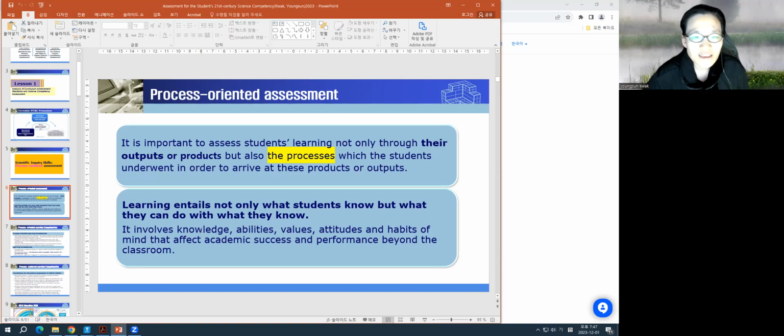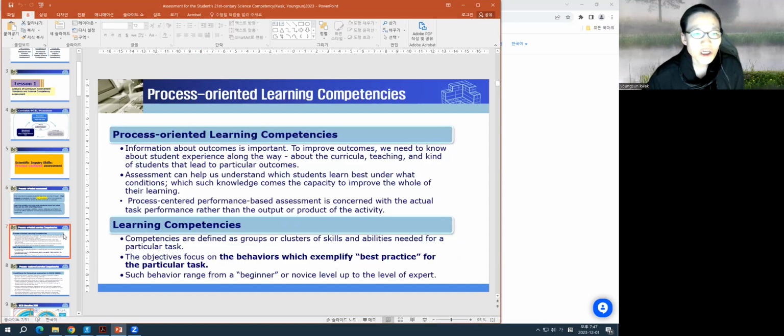So learning entails not only what students know, but what they can do with what they know. So this is called process-oriented or process-centered learning or assessment. So whenever we talk about competency-based curriculum, we are talking about how to assess students' competency.